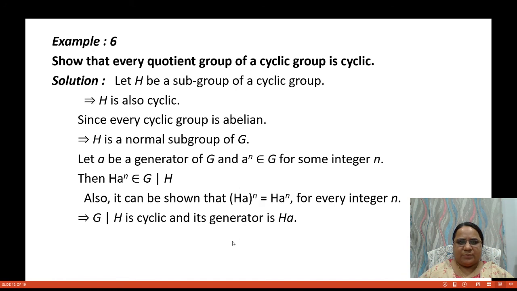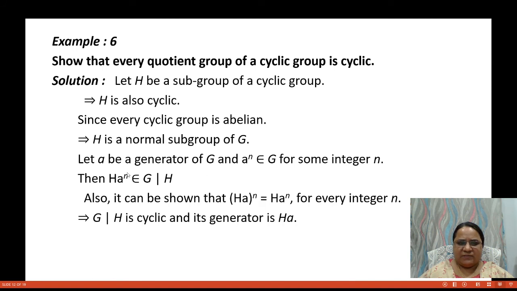So example 6, show that every quotient group of a cyclic group is cyclic. Every quotient group of a cyclic group is cyclic always. Let H be a subgroup of a cyclic group G. H is also cyclic. Since every cyclic group is abelian, H is a normal subgroup of G. Let a be a generator of G and a raised to n belongs to G for some integer n.